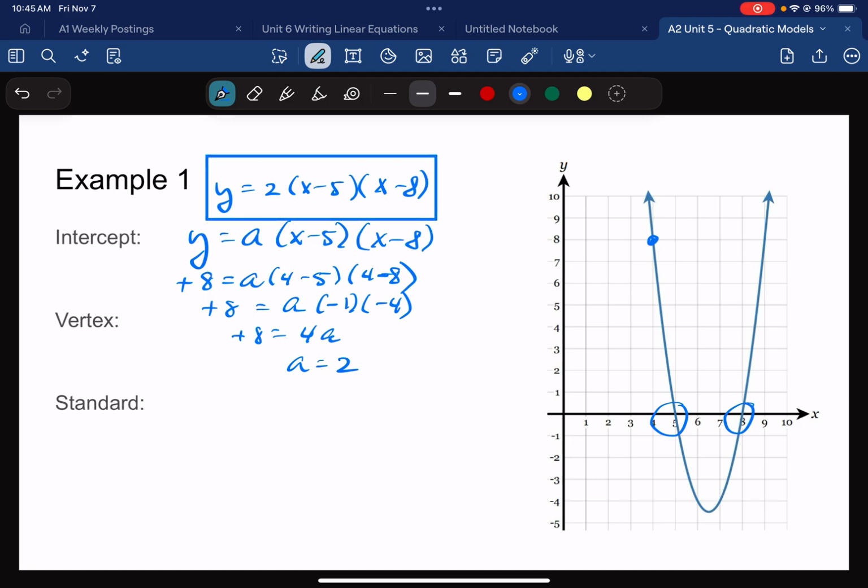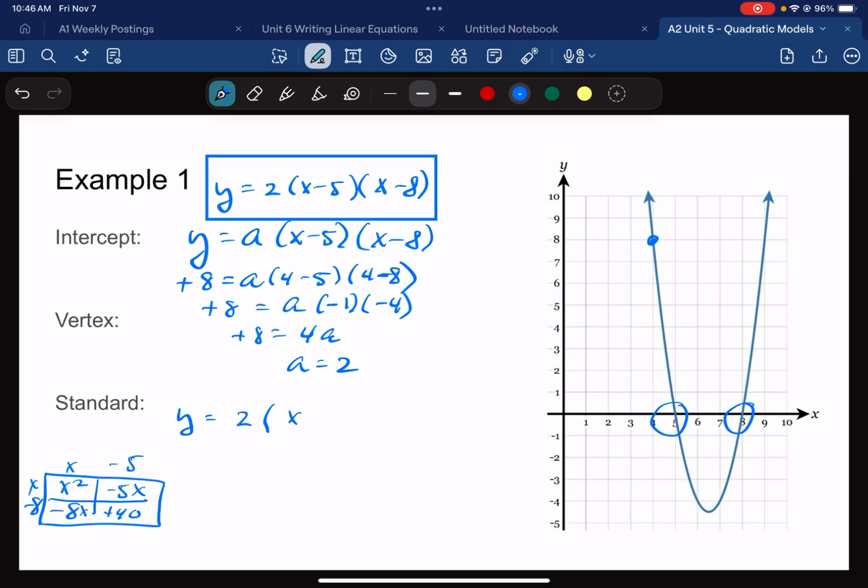Now to get the other forms, I can just multiply that out to come up with standard form. So I'm going to take y equals 2 times, and I'm going to box the x minus 5 and the x minus 8. I think you guys are good at the box method. So we're going to go x minus 8, x minus 5. So we get x squared, negative 5x, negative 8x, and positive 40.